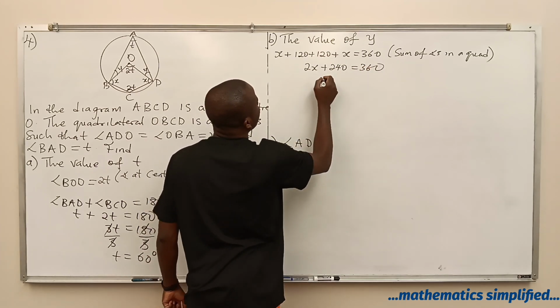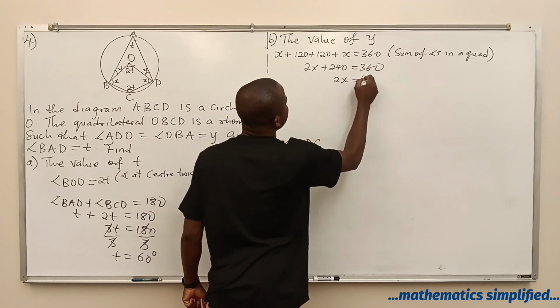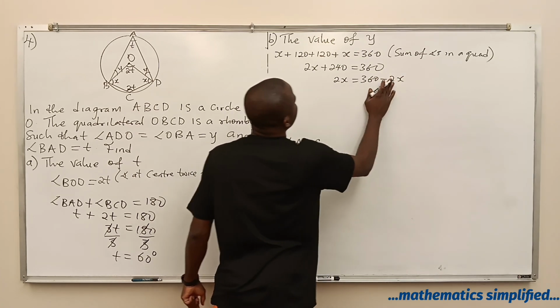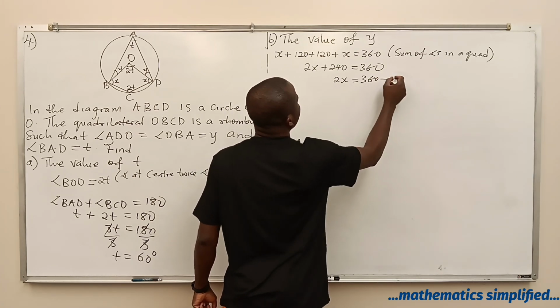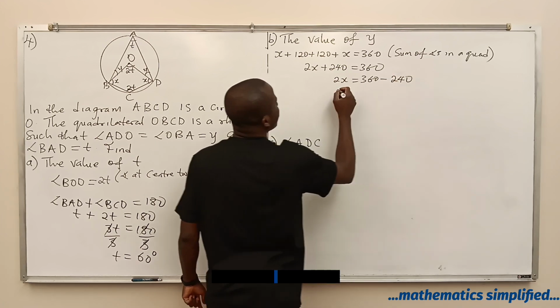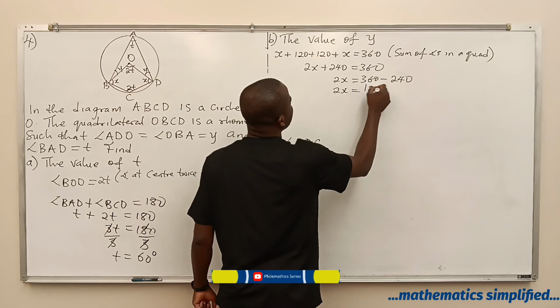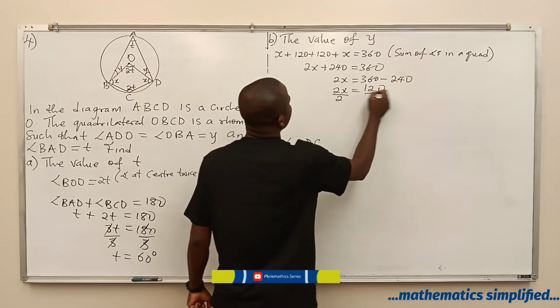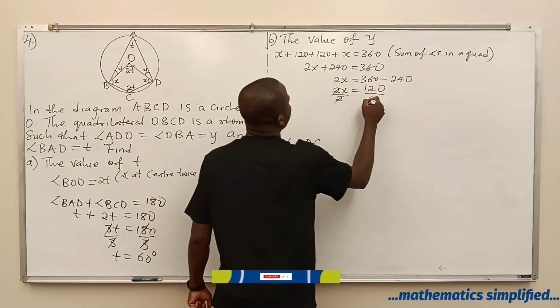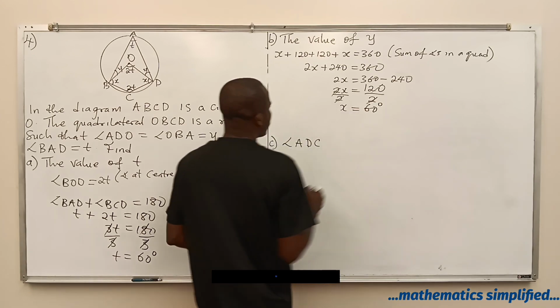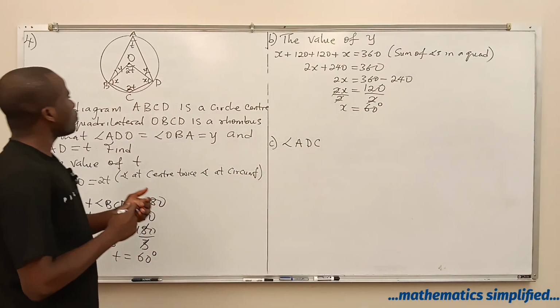Subtract 240 from both sides, we have 2X equals 360 minus 240, so 2X will be 120. Divide both sides by 2, we have that X is 60. So X is 60 degrees.